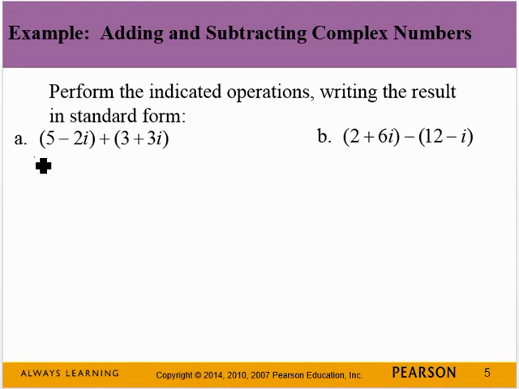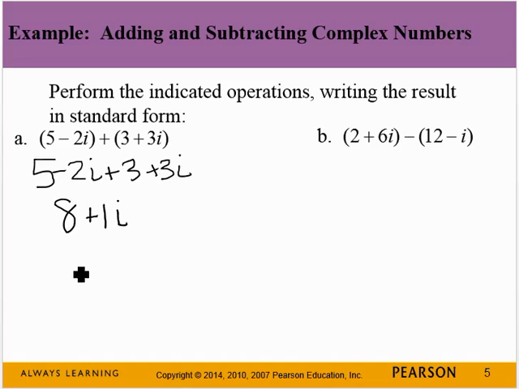So we have 5 minus 2i plus 3 plus 3i. 5 plus 3 is 8, and then minus 2i plus 3i gives you plus 1i. So you have 8 plus i. Just how you would combine like terms with anything else, that's how you're going to do it here.